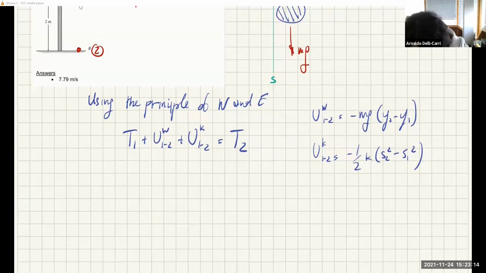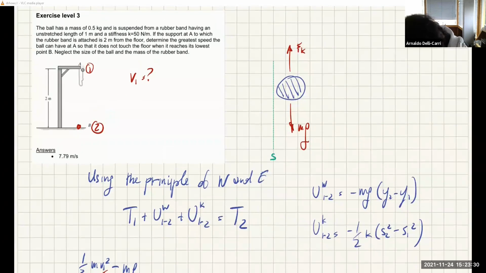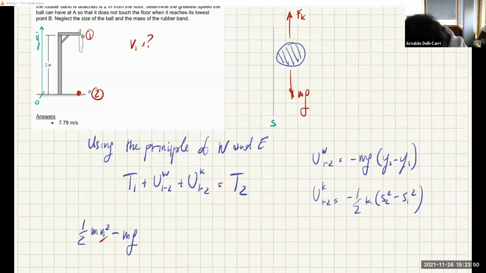So let's make this explicit. We have half mv1 squared. Now v1 is our unknown. This is what we want to find. Minus mg. Now let's look at y2 minus y1. Let's say that this is the y-axis, and let's say that the y-axis starts at 0 here. So this is my origin. So y1 is 2 meters and y2 is 0 meters.